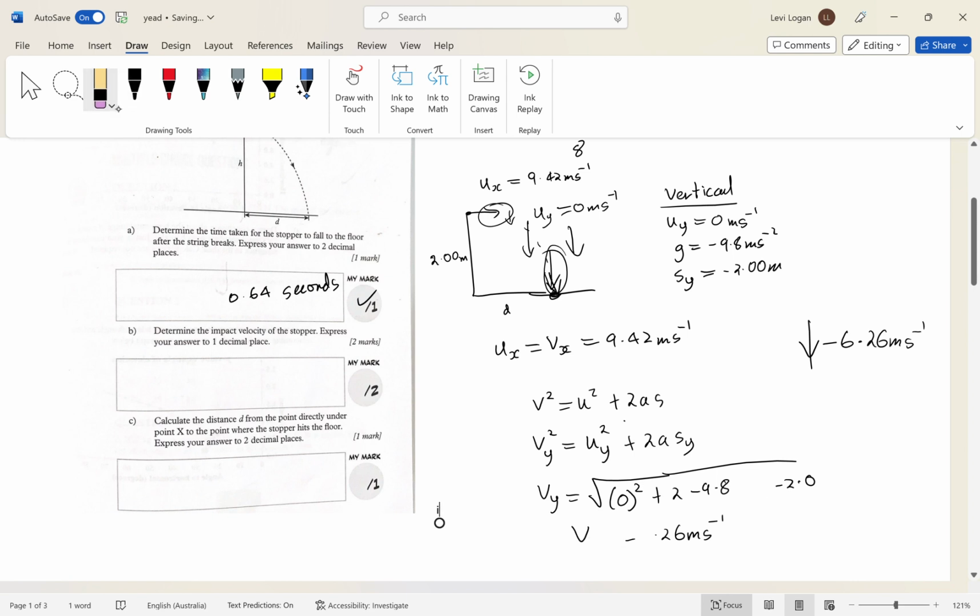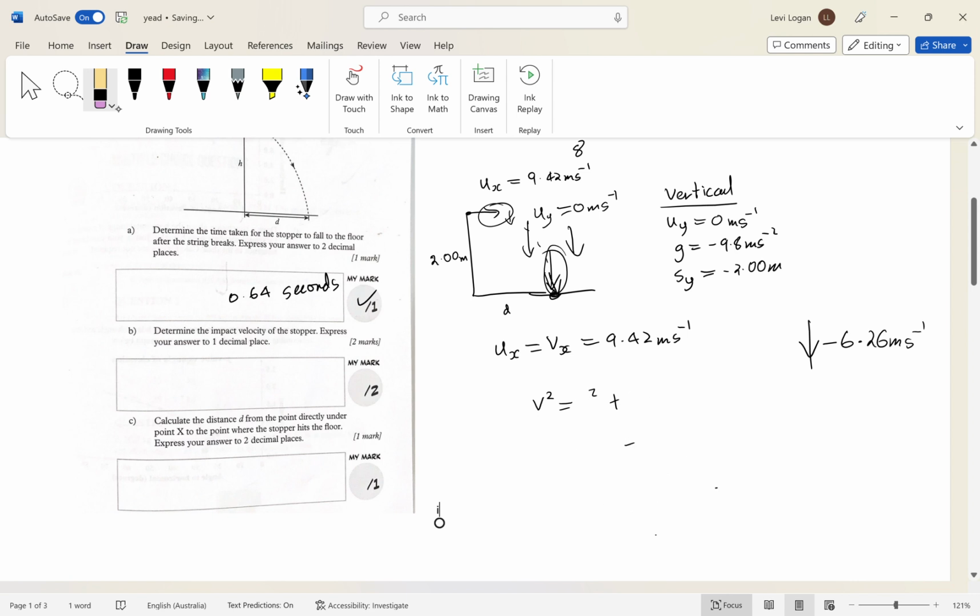Alright, now that we've got that, I'm just going to rub this out. So we're not done the question yet. Now we've got to draw a vector. So at the point, we've got to find this velocity here. So we have horizontal and vertical velocity. So we know this is 6.26 meters per second, and we know this here is 9.42 meters per second.